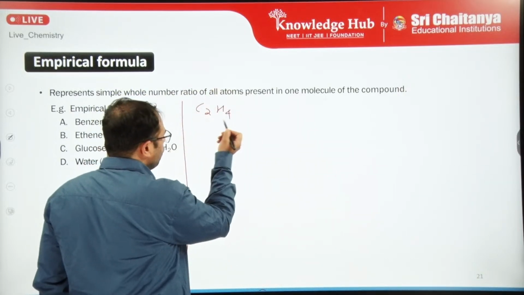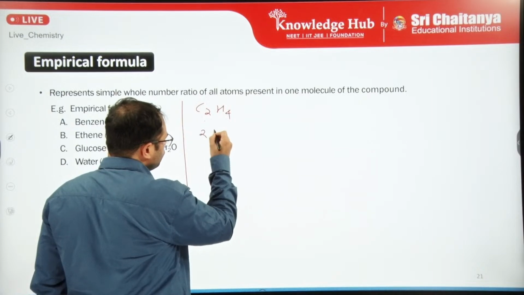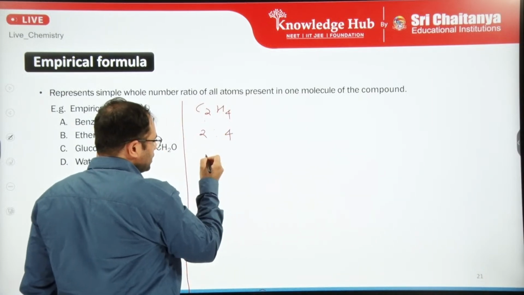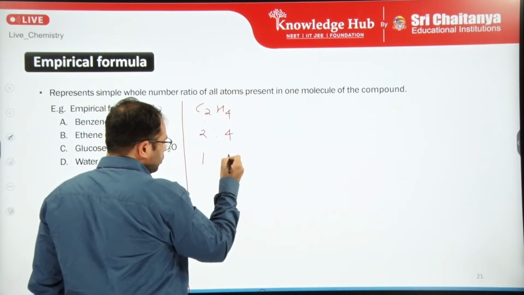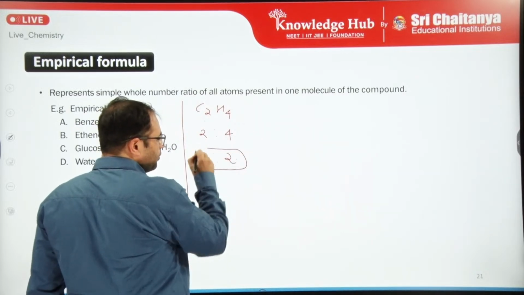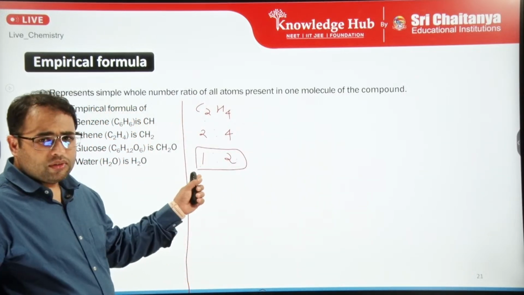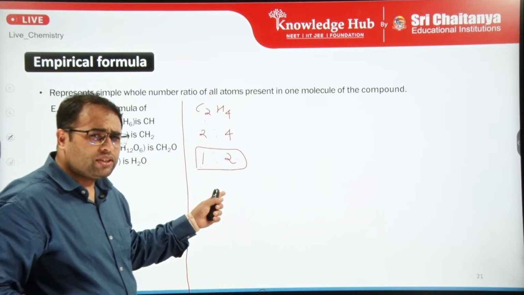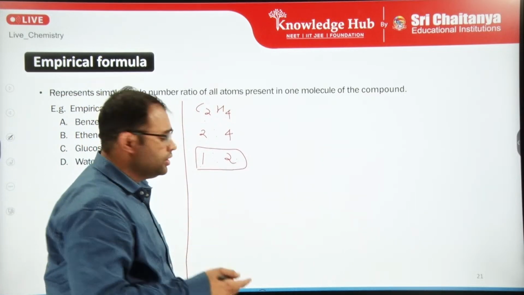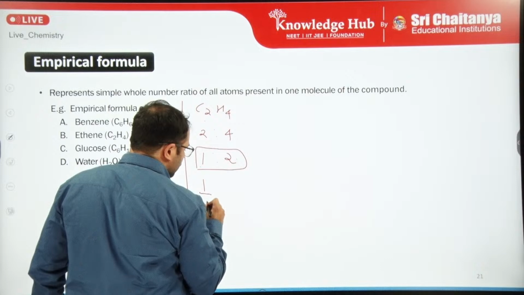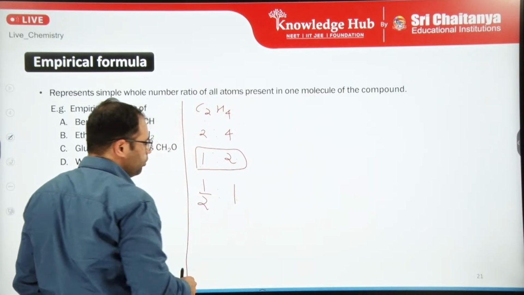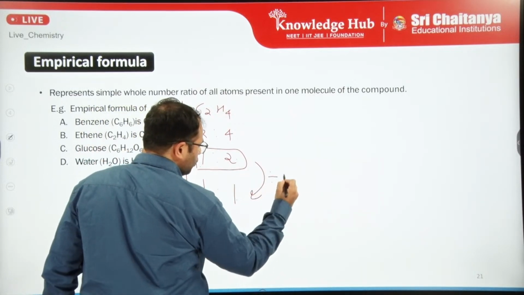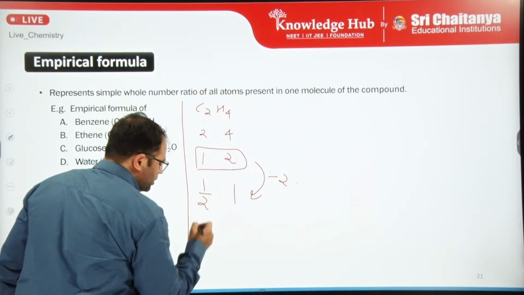You can see something common here, right? The ratio is 2:4. Divide both sides by 2, 1:2. I don't think you can simplify it any further. Can you? Well, try it. If you divide it by 2 on both sides, what you get is 0.5.